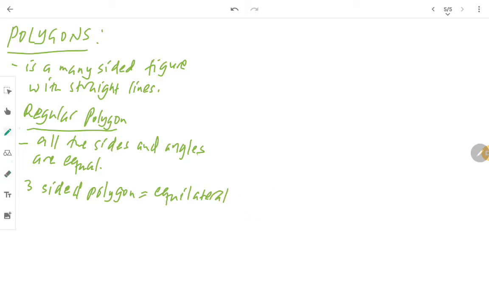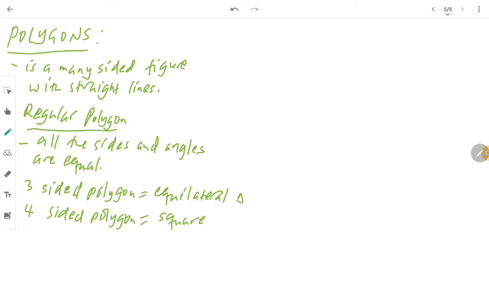That's our three-sided polygon. Then four-sided. I'm talking about regular polygons here. So this is a square.